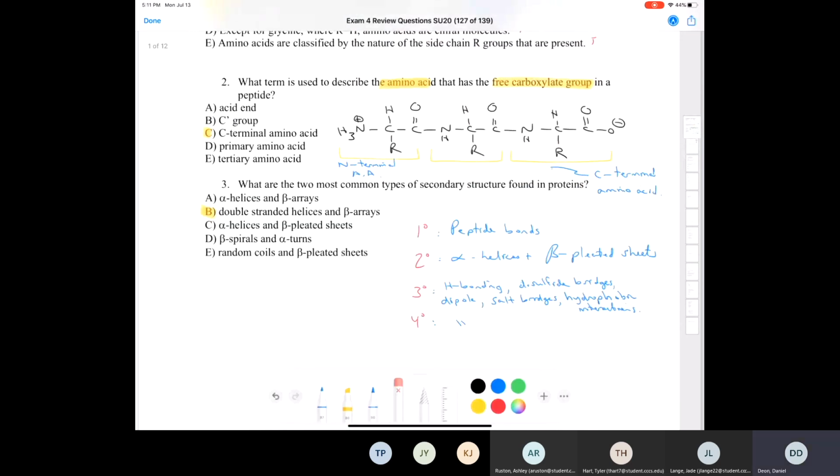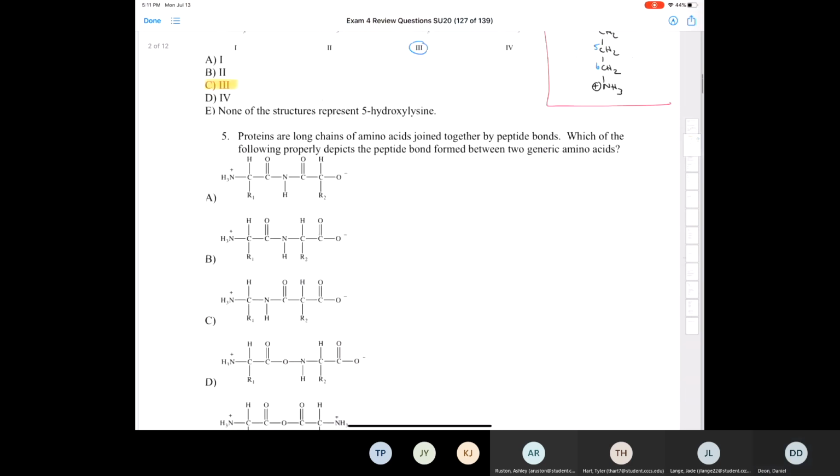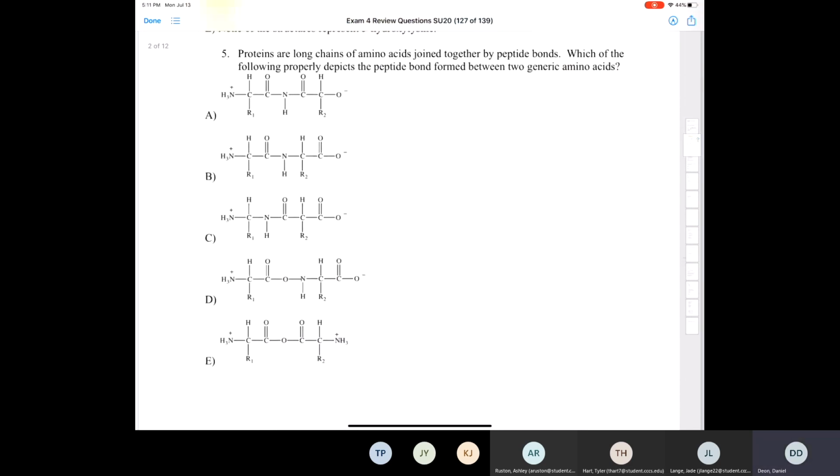While you're thinking about that, I'll delete this and correct it. The answer to 3 was C. I had written down the correct answer, but didn't highlight it. All right, back to number 5.